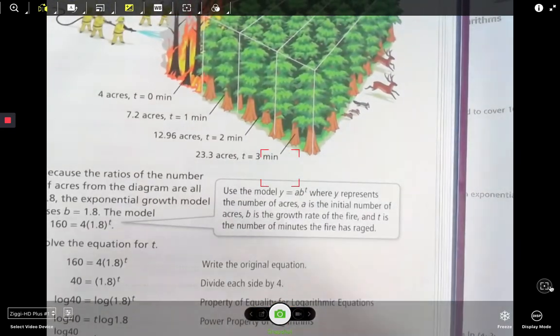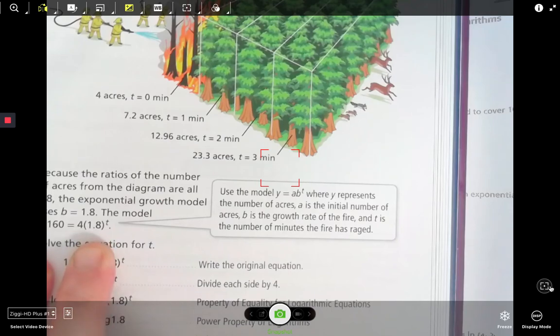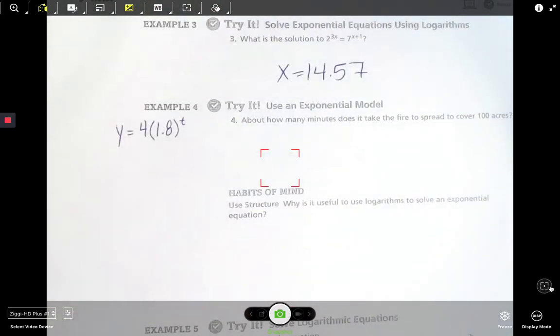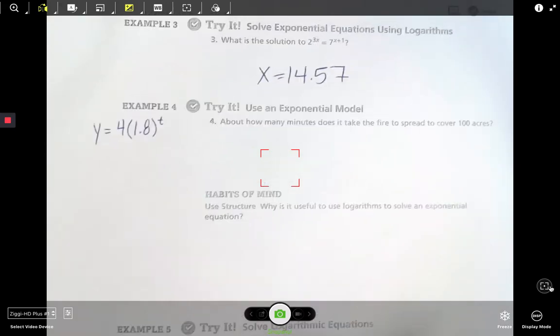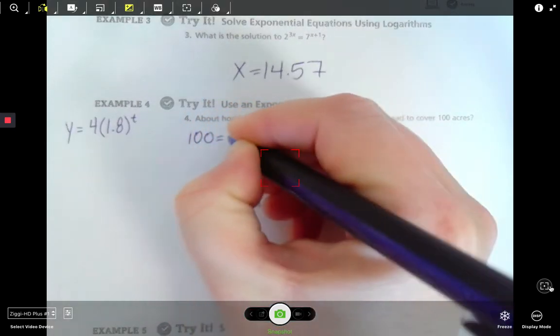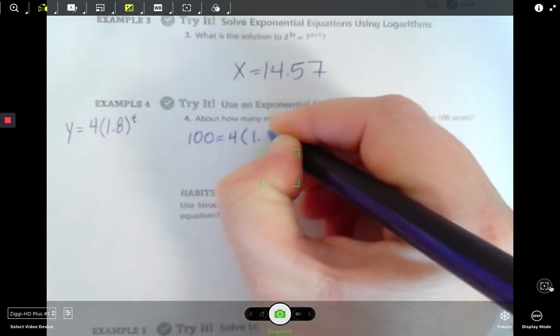But here is our equation that they used. y is equal to 4 times 1.8^t. They got it from that growth model. So how many minutes will it take for the fire to spread to cover 100 acres? I'm going to say 100 is equal to 4 times 1.8^t.